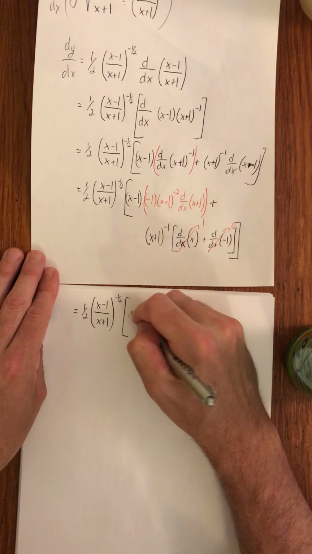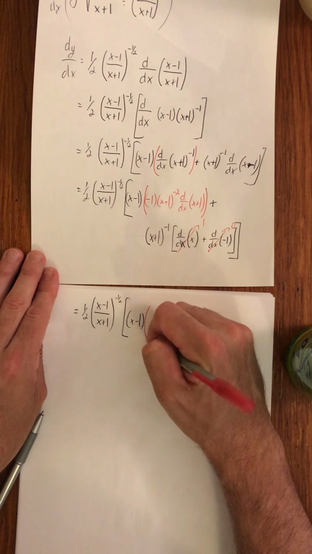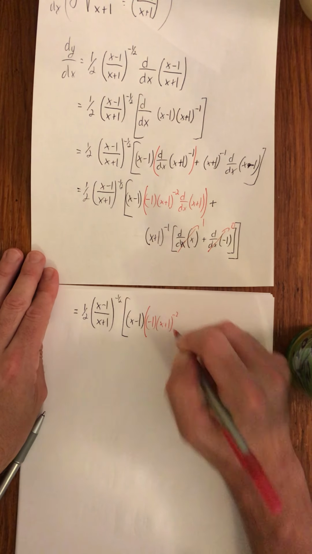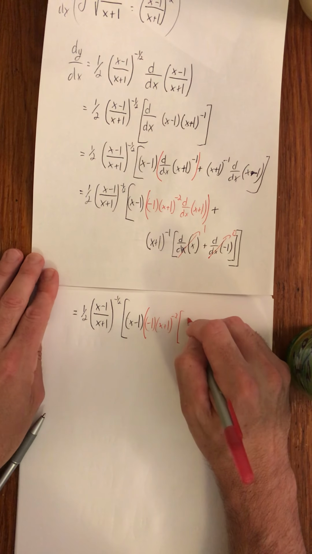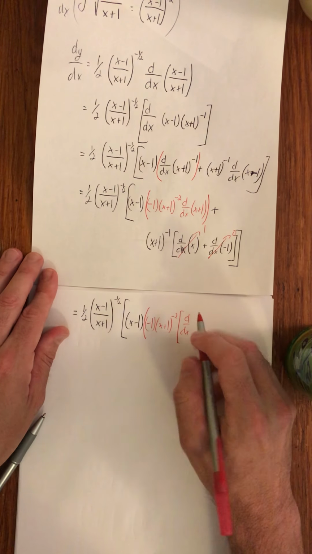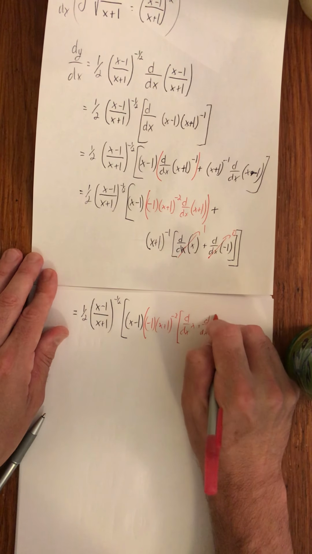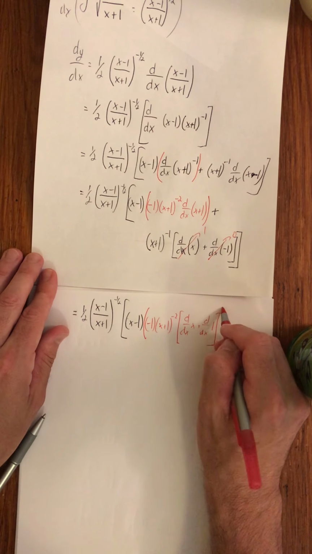Okay, so I've got x minus 1, and now going to my red pen, negative 1, x plus 1 to the negative 2, and now I've got to do my sum rule, hard bracket, d/dx of x plus d/dx of 1, boom, right, because we are required to show all of our processes.